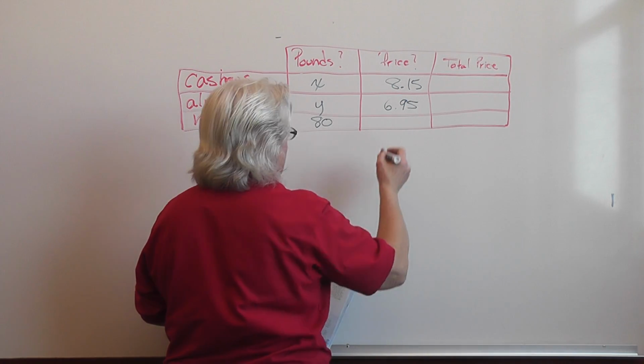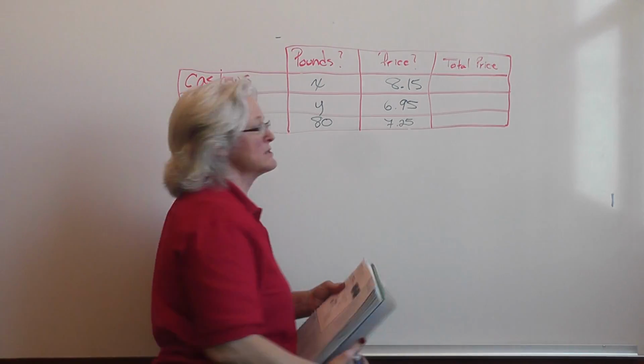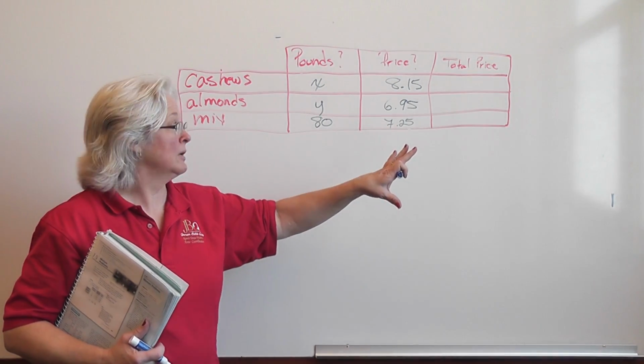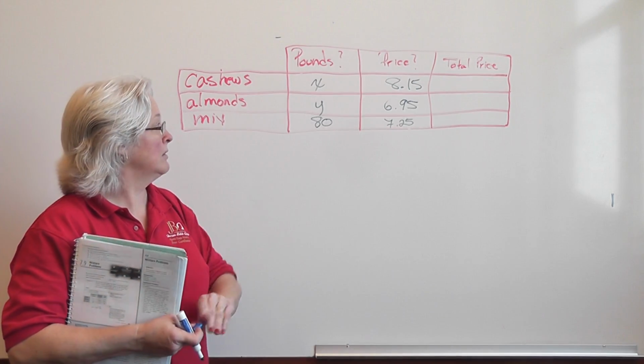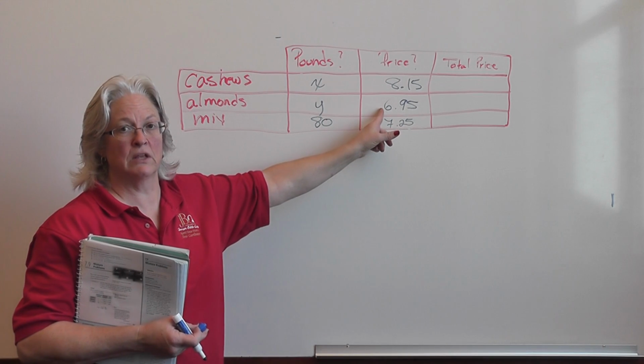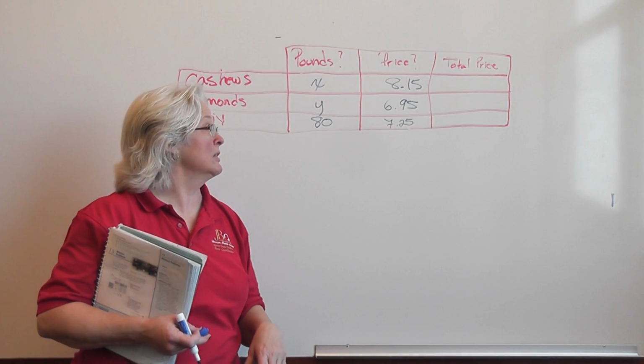They want to be able to sell this mixture for $7.25. And are there going to be more cashews or more almonds in the mix? Well, look how close the price of the mixture is to the almonds. So they're just going to throw a few of the cashews in there.